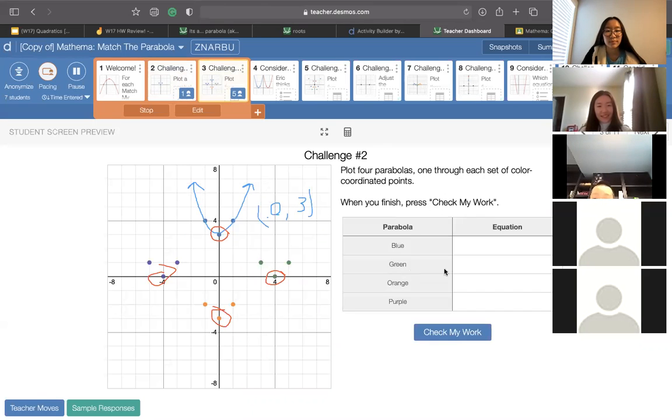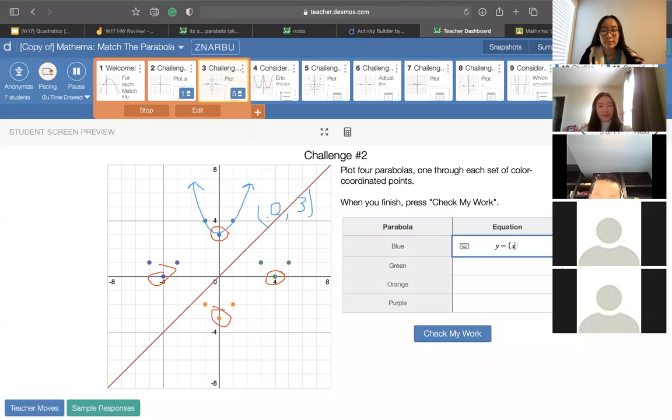It has to be y equals x in one parentheses and in another parentheses x plus 4.